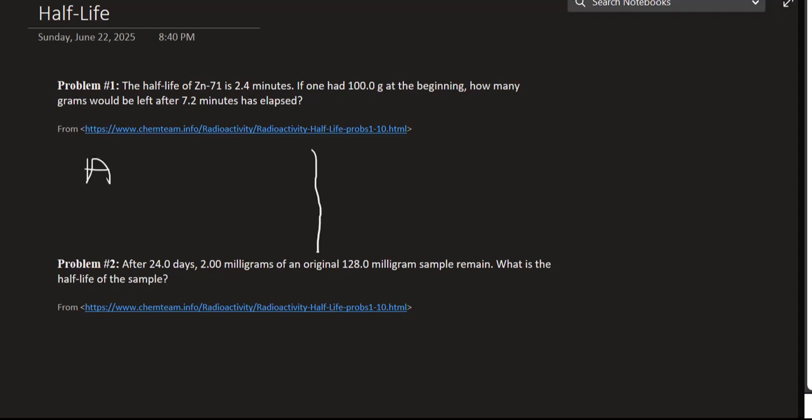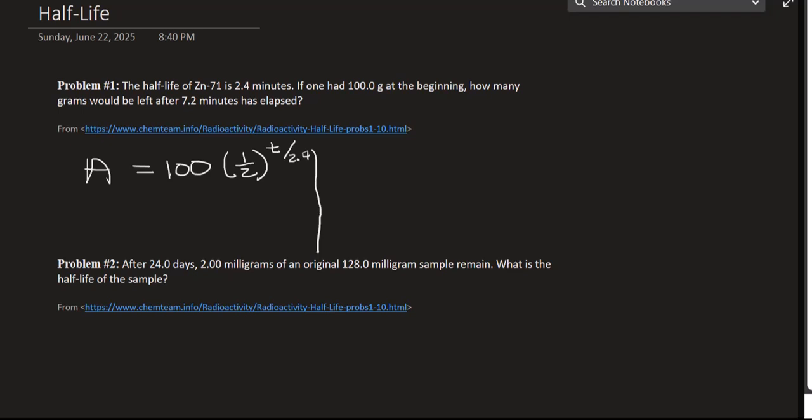So we could say the amount is the initial amount times the half-life raised to the t over 2.4, because it halves every 2.4 minutes.